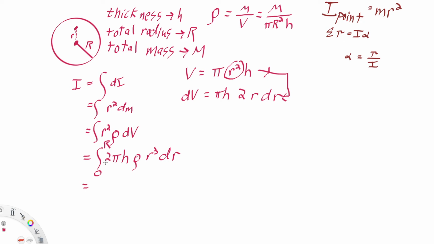And we factor out all these things that are constants. 2 is a constant, pi is a constant, the height is a constant, the density is a constant. And then we can integrate from 0 to R, and we do that because we're going to catch all of the points if we do it that way.